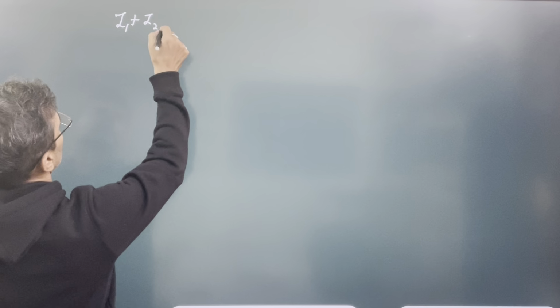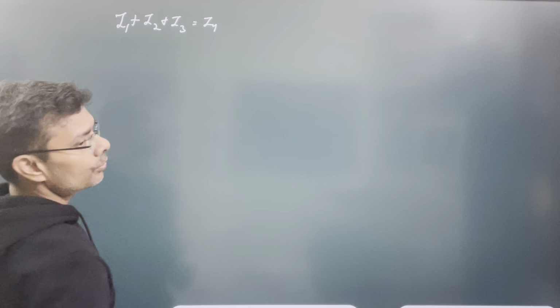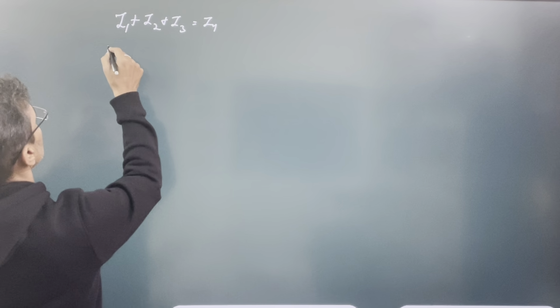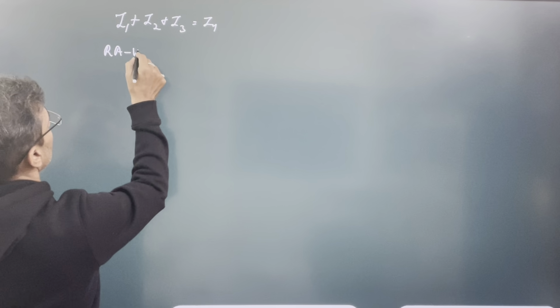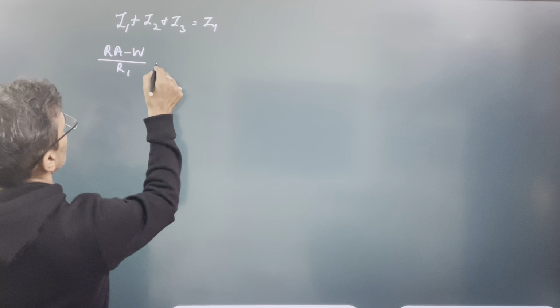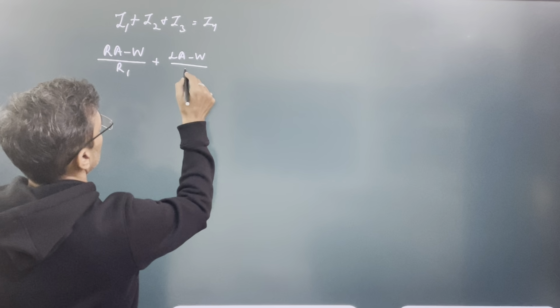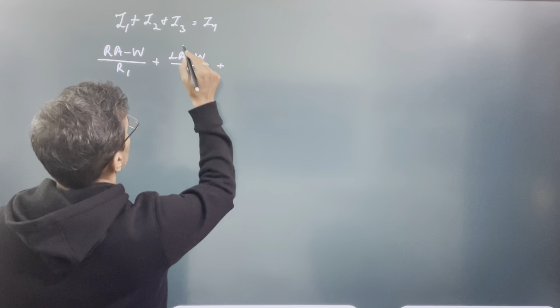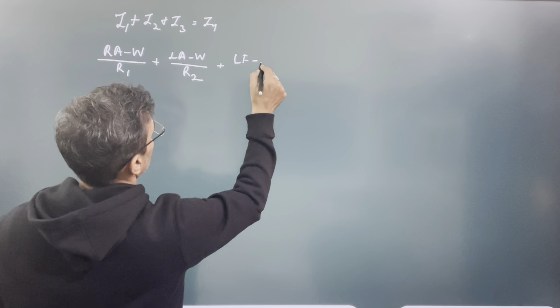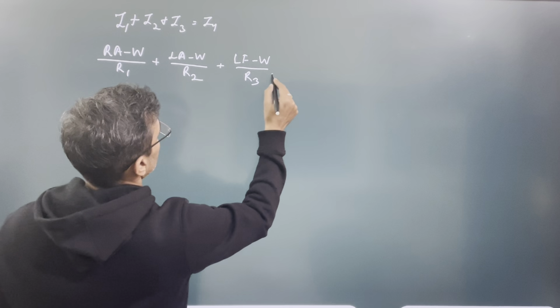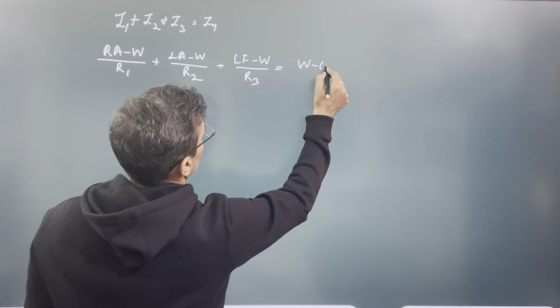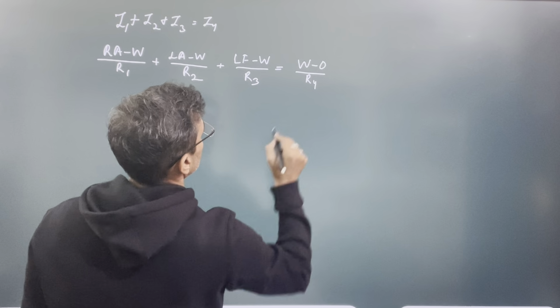So we will derive the value of W. We write I1 plus I2 plus I3 equals I4 and put in the values of the currents. I1 is RA minus W over R1, plus I2 is LA minus W over R2, plus I3 is LF minus W over R3, and that is equal to I4, that is this.